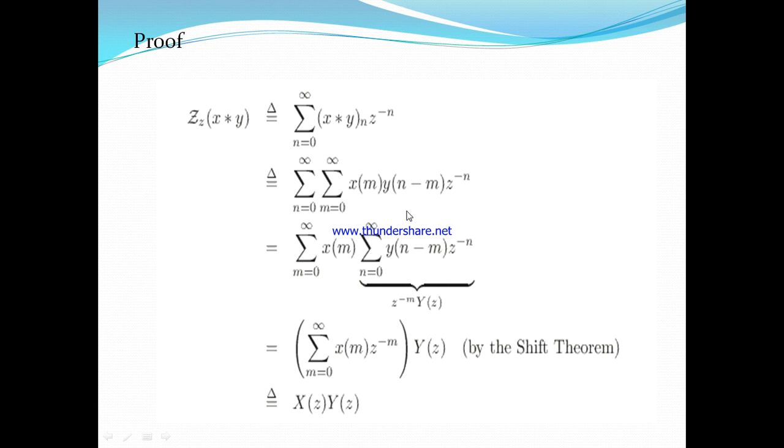So for this term we are writing Z power minus m into Y of Z. This is the Z transform of this sequence.